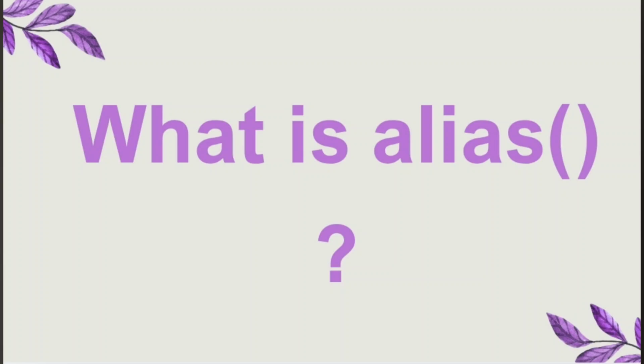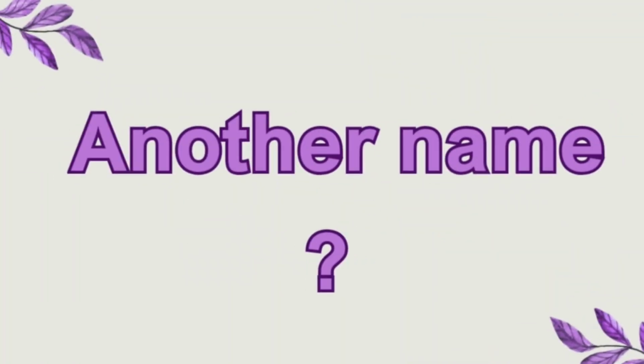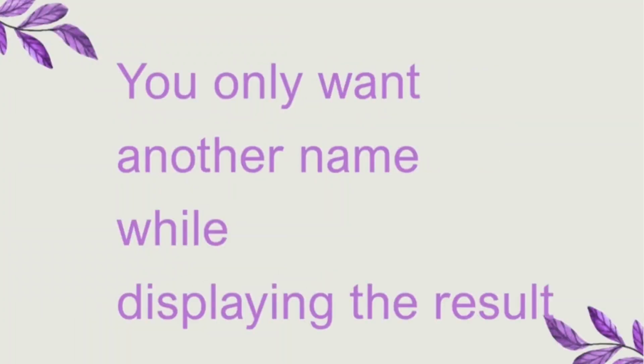So now, what is alias? Alright, let's start with alias. Now you may be wondering, why do we even need another name? That's a good question. Sometimes you don't want to permanently rename a column. You only want another name while displaying the result.